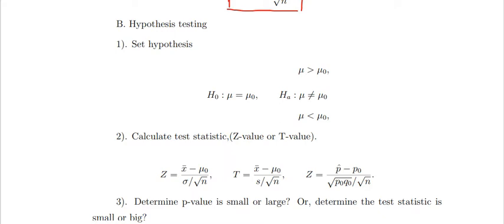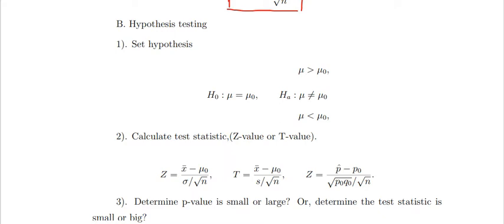Mu not equal, or more specifically, larger than or less than. Which one should we choose? It's up to us; it is determined by what the good meaning is. One side is good, or a closed side is good. So we have a one-tail test and a two-tail test, right?